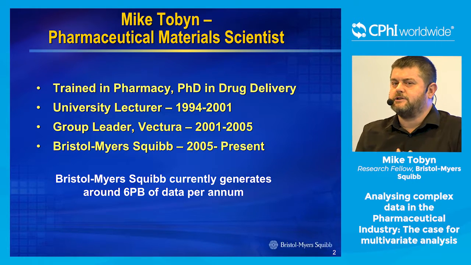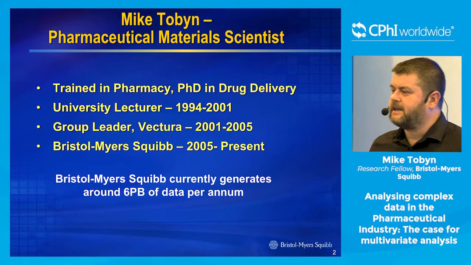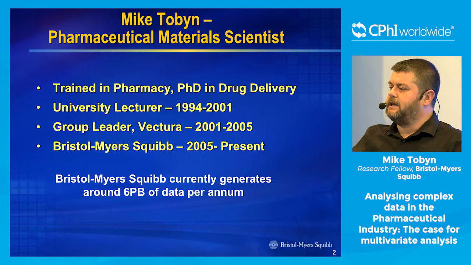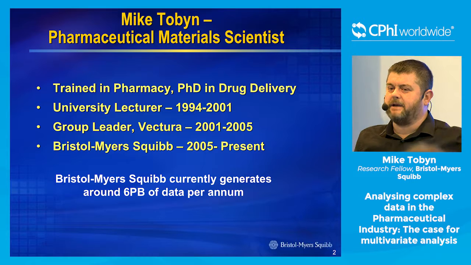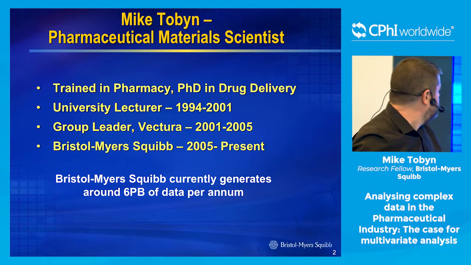And what I've done during most of that period is look at material science. How do you make a powder make a better tablet, and how do you make a powder make a better inhaler?